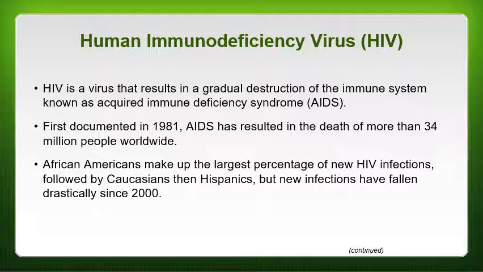There are two different forms of the virus, HIV-1 and HIV-2. Both are spread through the exchange of body fluids, including blood, semen, and vaginal secretions. Transmission methods include unprotected sex, needle sharing, blood transfusions, and organ transplants. Also, through breastfeeding, a mother could pass it on to the child.